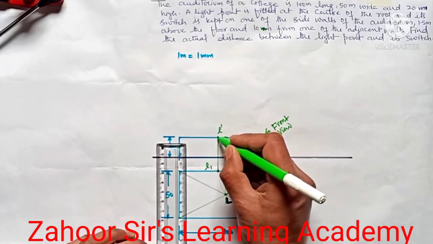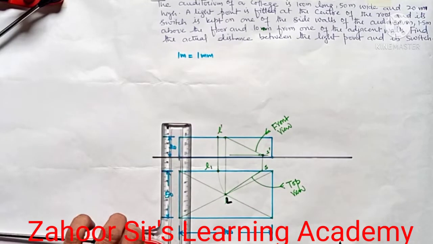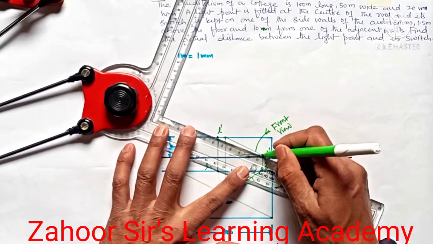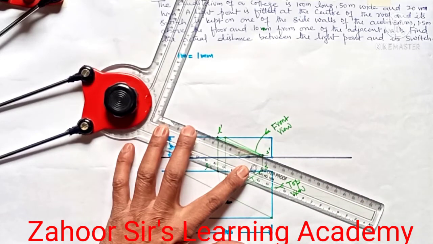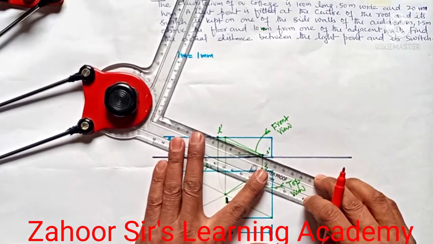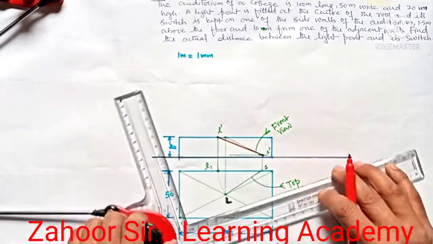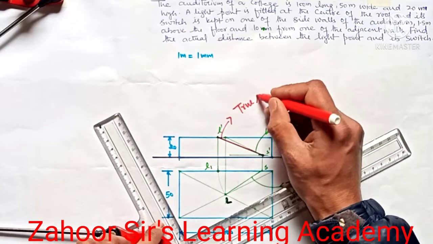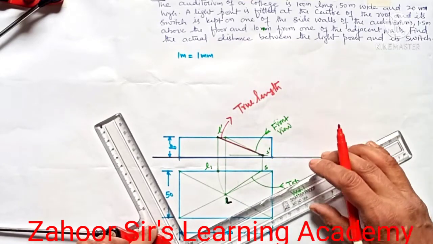Now we need to join this point with the S prime, which will give me the actual length of the line, or we can call it the true length of the line. I will make this dark with the red pen. So this is what was required. This is my true length or actual distance between the two.